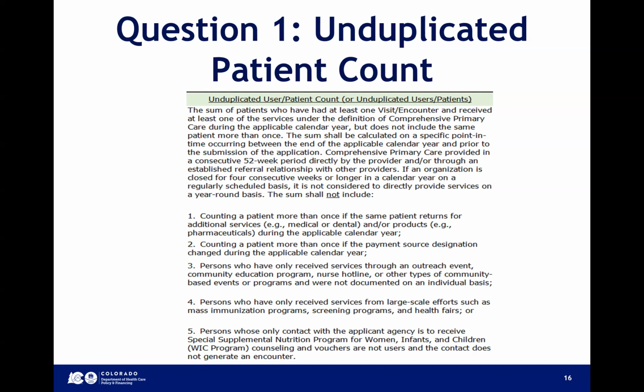You should also not include individuals who had only received services from large-scale events such as mass immunization programs, screening programs, or health fairs, and individuals whose only contact with your agency was to receive counseling or vouchers under the WIC program.